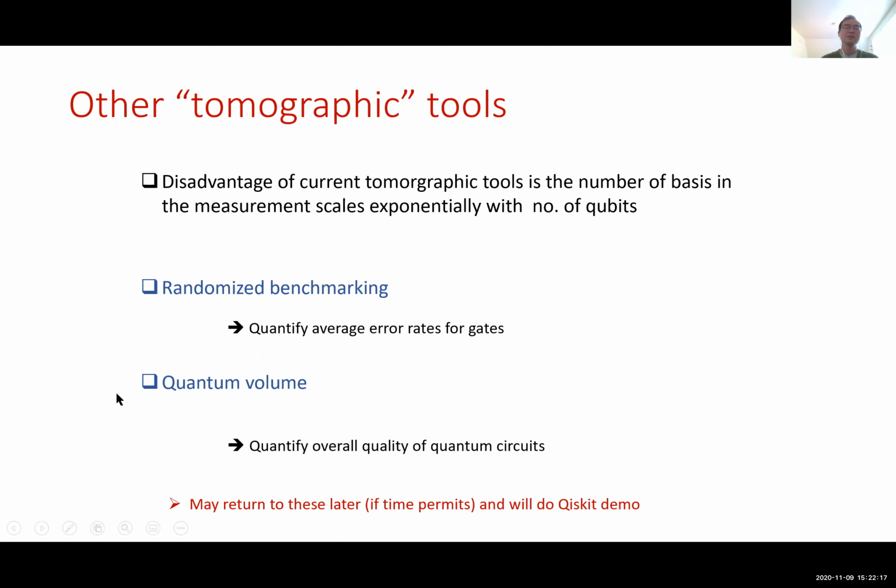The other tool, or metric, introduced by the IBM group is the so-called quantum volume. It basically quantifies the overall quality of quantum circuits. It's also an average quantity.